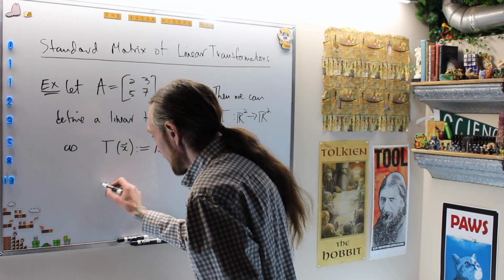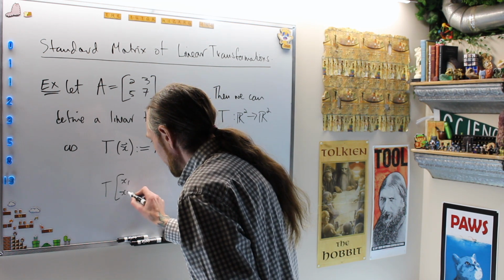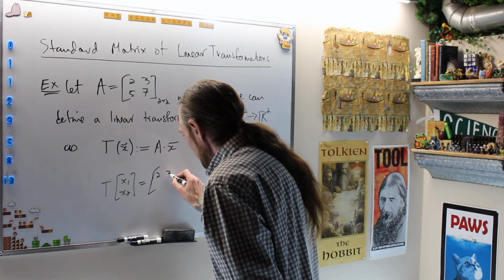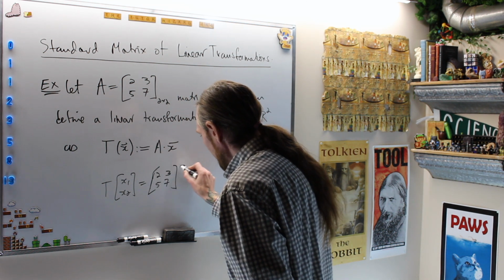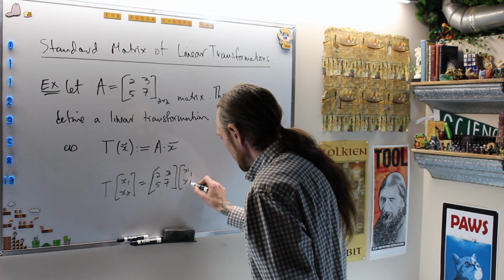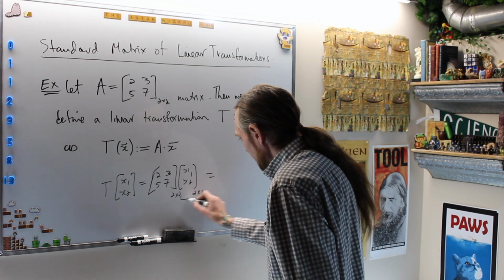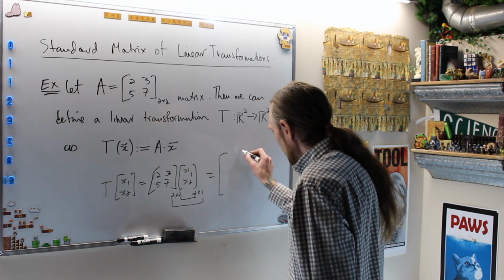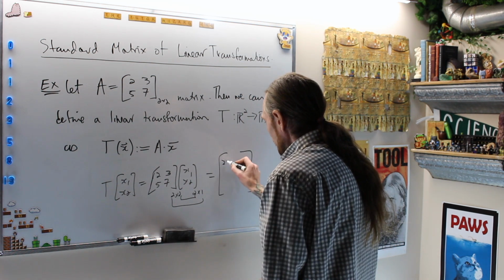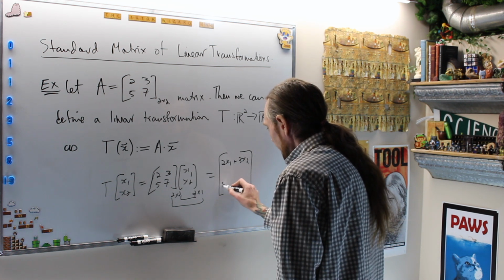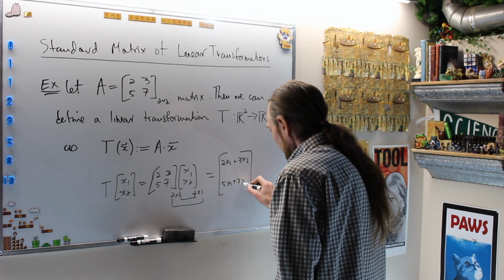Indeed, what is it going to look like? T of (x1, x2) equals [2, 3; 5, 7] times (x1, x2). This is 2 by 2. This is 2 by 1. The inside indices match, and the outcome will also be 2 by 1, which will be (2x1 + 3x2, 5x1 + 7x2).